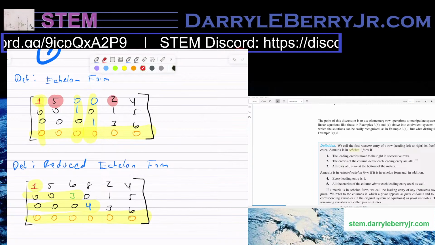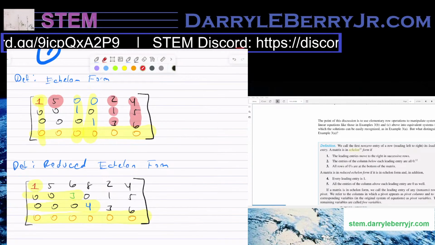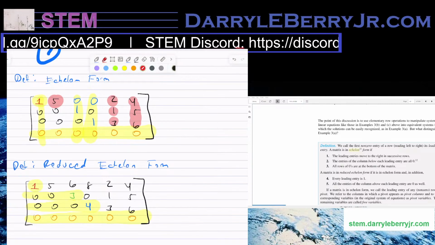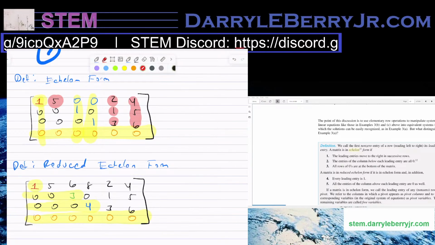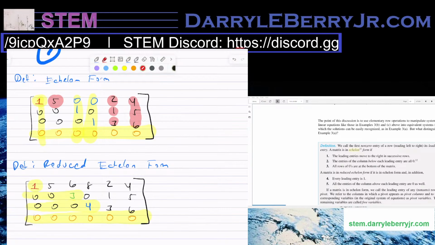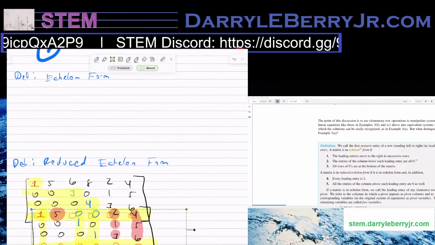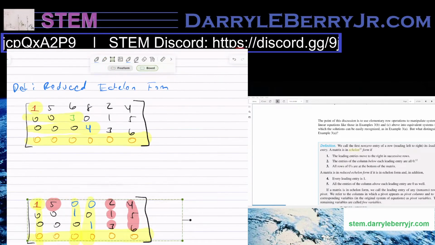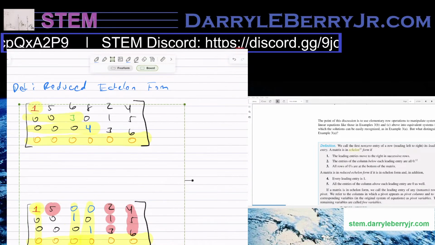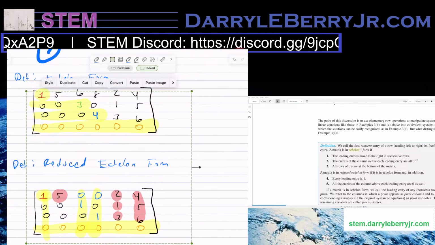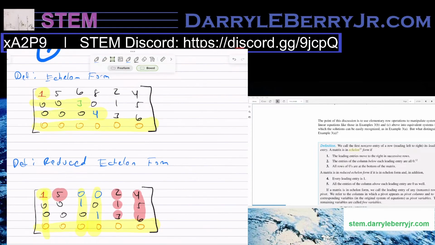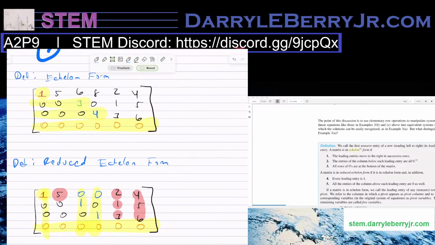This is not a leading number. This is not. So that should actually technically be. Oh, I'm looking at the wrong one. Oh, reduced echelon form. So actually swap these, my mistake. So this should be it. I'm not sure about the other numbers, but it does fit the definition.